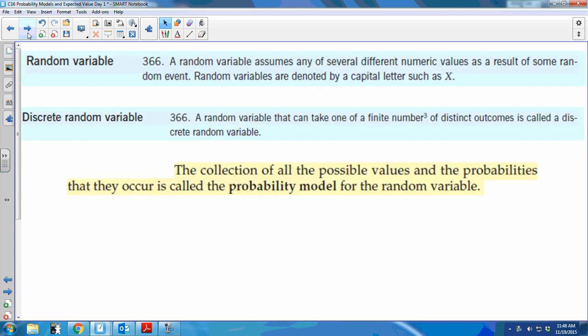A random variable assumes any of the different numeric values as a result of some random outcome. Random variables are denoted by a capital letter such as X. A random variable defines the entire event, and then each individual outcome would be the lowercase x. So for example, a random variable could be rolling a die.